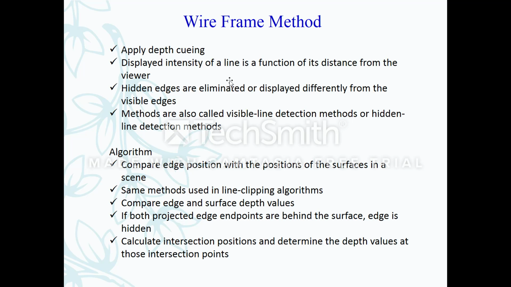The wireframe method is for an object, a structure. What it does exactly is, if I have an object that can be constructed with a single wire, imagine that an object is created with just a wire.